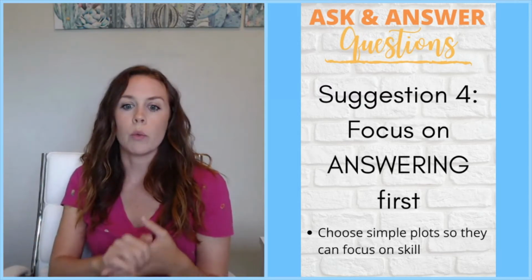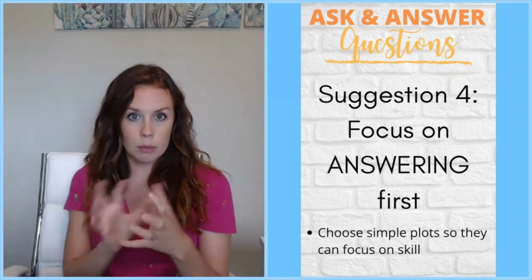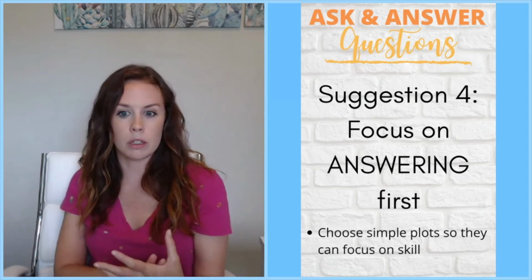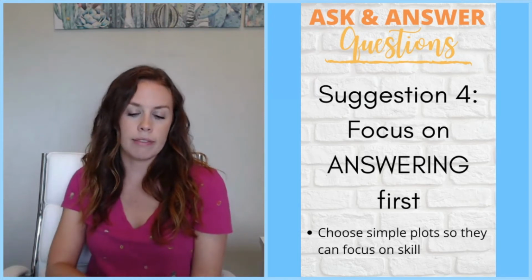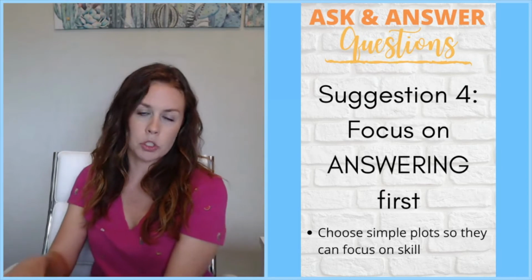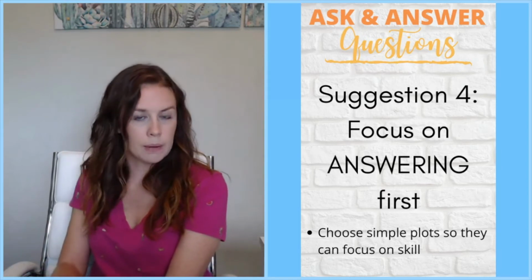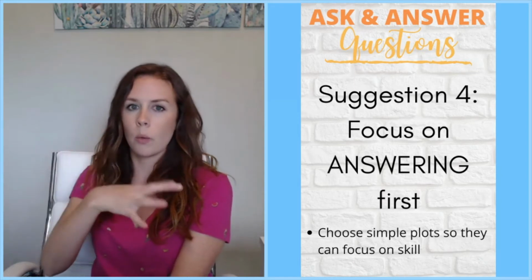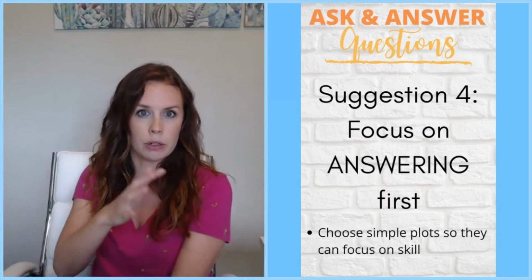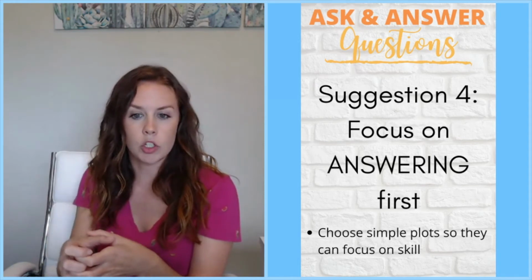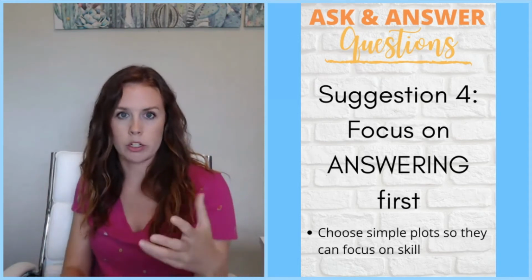So I would suggest sticking, at the beginning of your unit, with easier plots and maybe familiar text, because if they can focus on the skill as opposed to a complex plot, they can take away some of the confusion about what's going on in the story, and they can focus on the skill, which is the teacher asking them questions and them having to answer those questions.